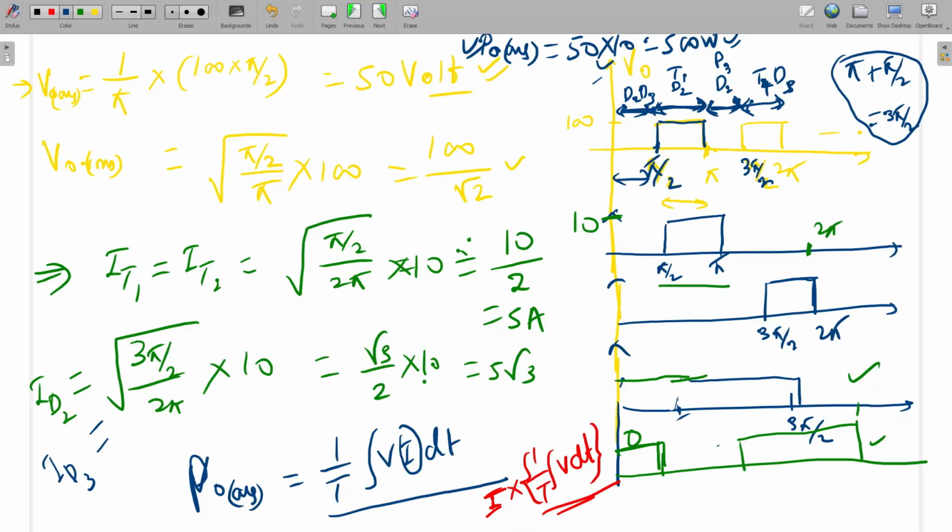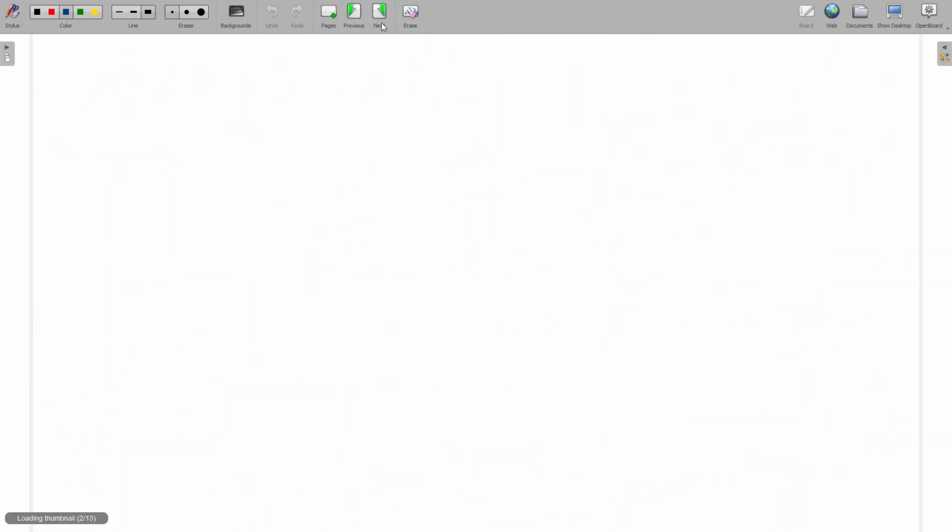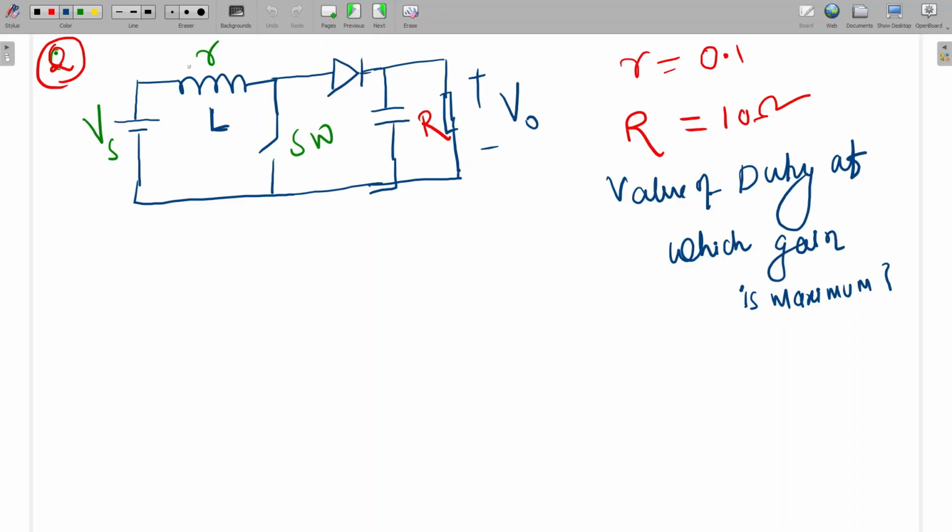Yes, sir. Okay. So the next question I'm going to explain is the boost converter question. A boost converter we normally analyze without this resistance. So here what I am giving is the internal resistance of the inductor. Here the values are given: this small r is 0.1 and the capital load resistance is 10 ohm.